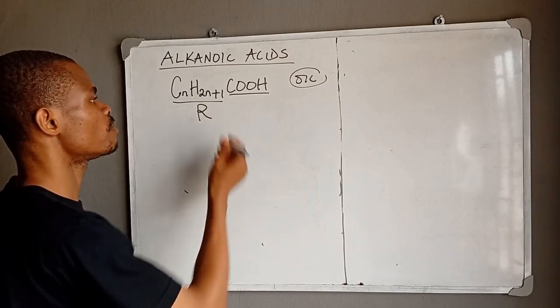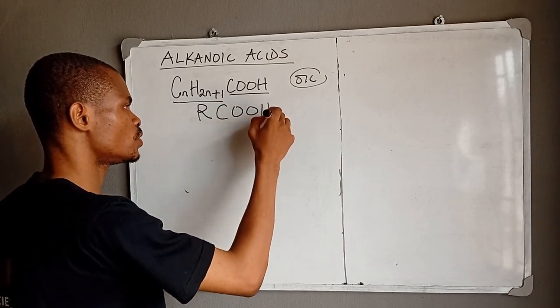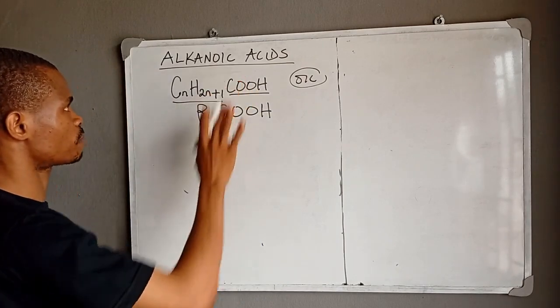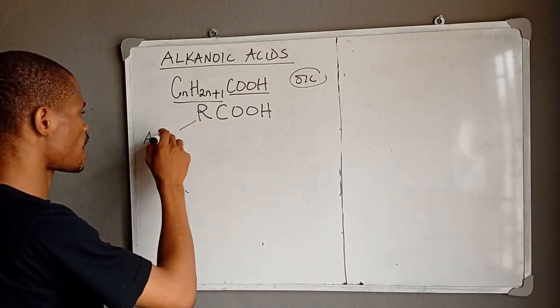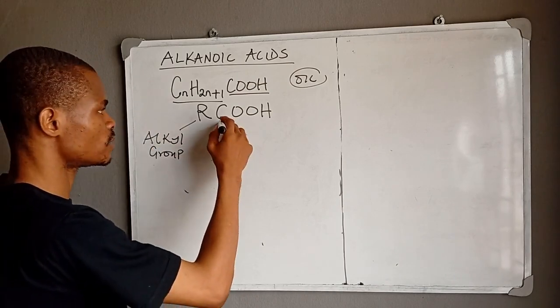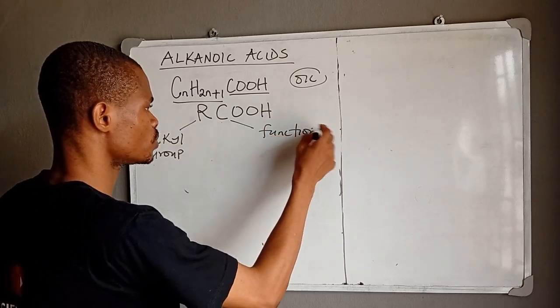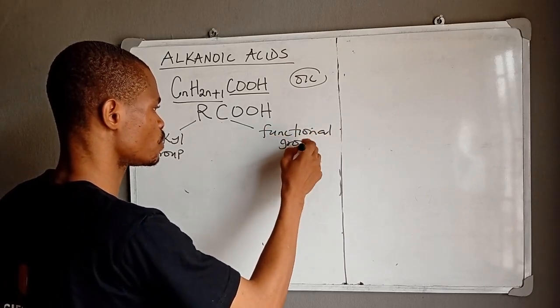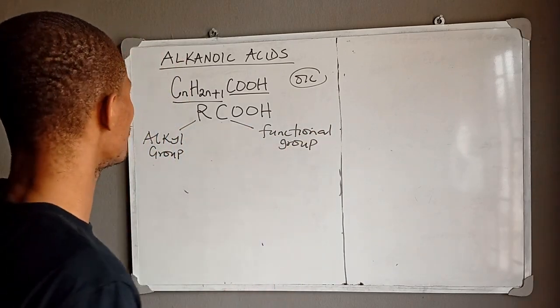So the alkyl group attached to the functional group COOH is also a way of expressing the alkanoic acids. R represents the alkyl group, while COOH represents the functional group.